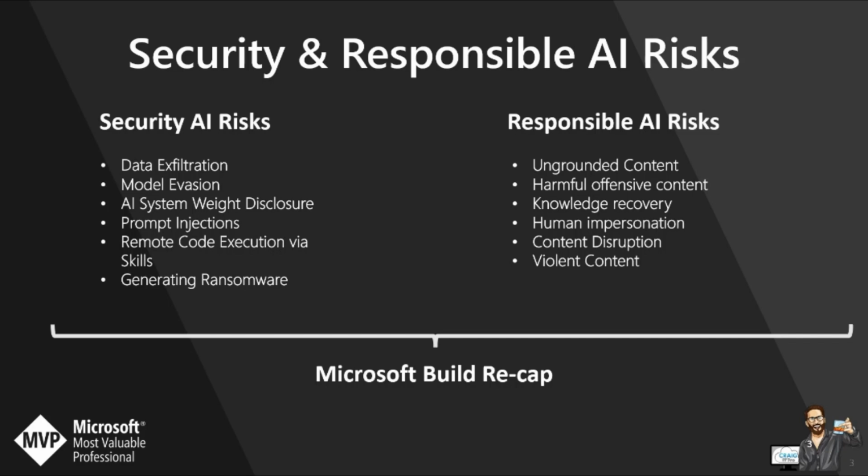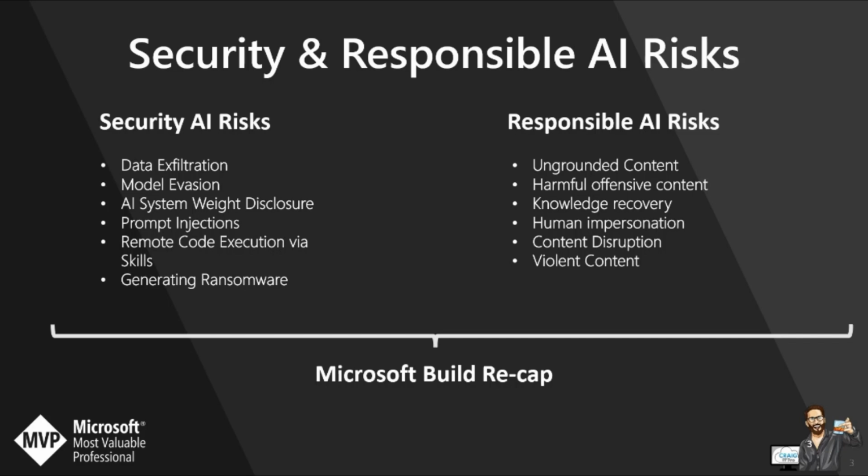So mechanisms need to be in place to detect and mitigate the generation of harmful or offensive content by AI systems, which is crucial and is needed. Knowledge recovery. So AI may inadvertently reveal sensitive or proprietary information through generated content, which stresses the strict need for data handling policies.